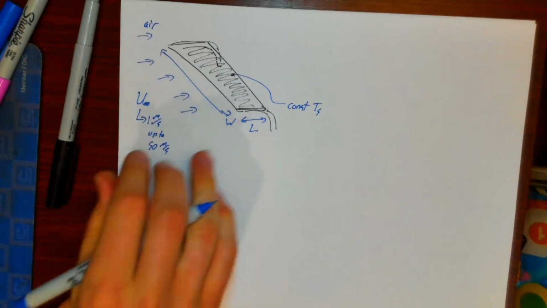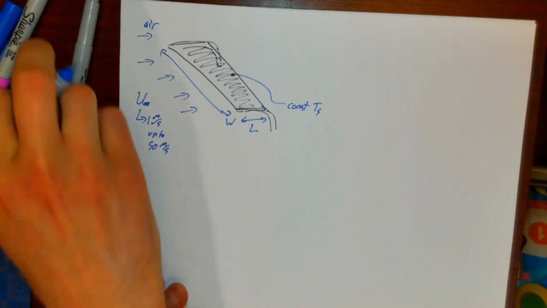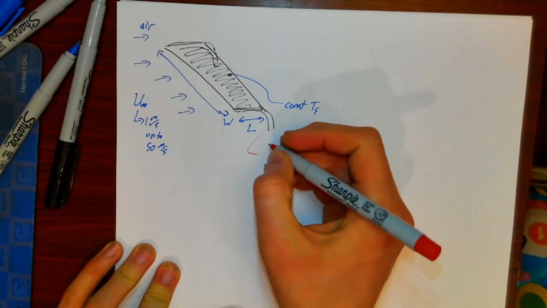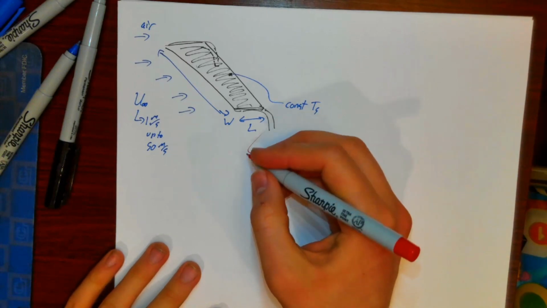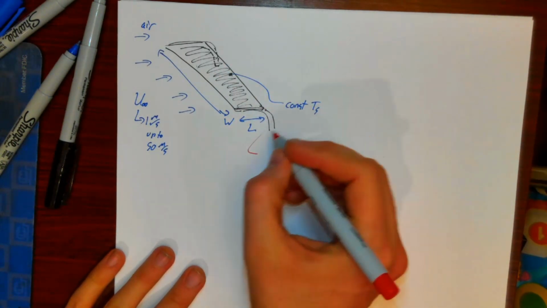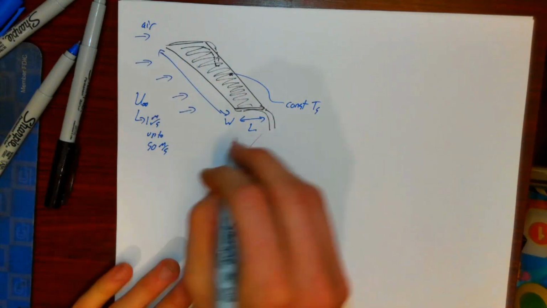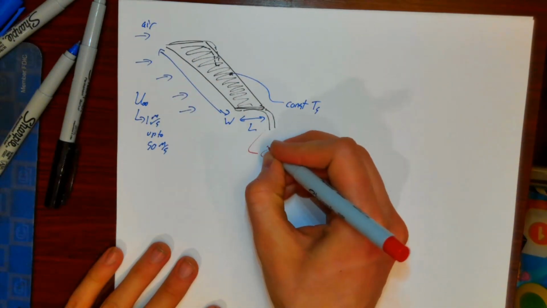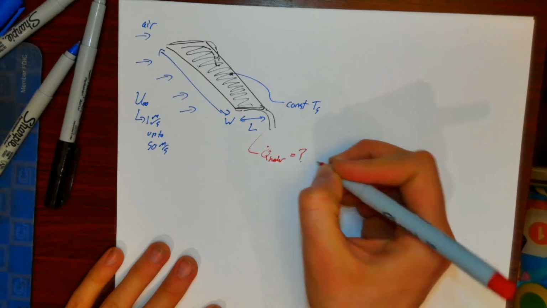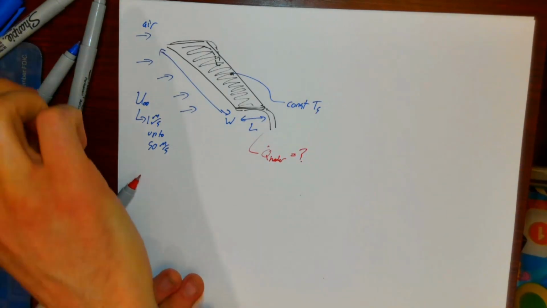This might be the sort of problem you're given, and you might be asked to find what heater power would be needed to keep this constant surface temperature given these parameters. So let's just say Q heater is equal to, I don't know.